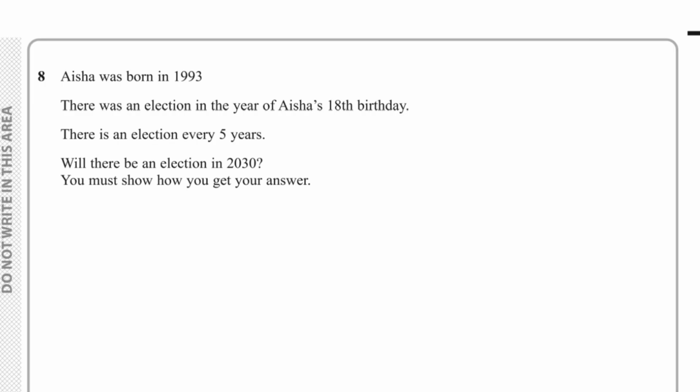Question number 8. Aisha was born in 1993. There was an election in the year of Aisha's 18th birthday. There is an election every 5 years. Will there be an election in 2030? You must show how you get your answer. So, she was born in 1993.